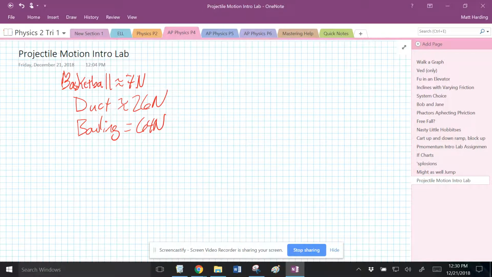Be honest, it's pretty hard with that touch screen to consistently put the dot on the same part of the ball. That's not human error, that's measurement uncertainty, okay?